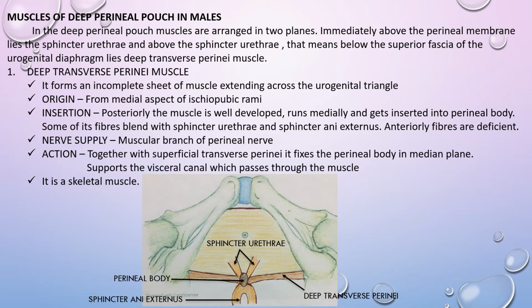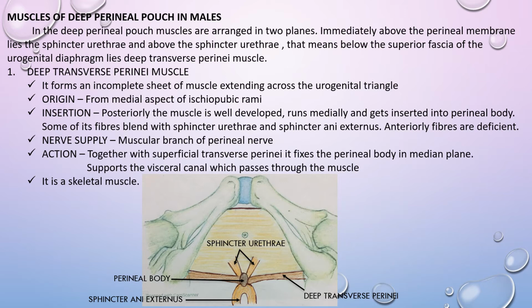It forms an incomplete sheet of muscle extending across the urogenital triangle. This muscle originates from the medial aspect of the entire ischiopubic ramus. If we take the fibers of this muscle, posteriorly only the muscle is well developed.